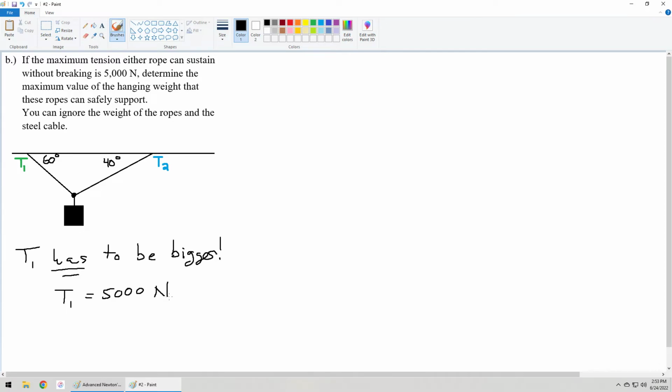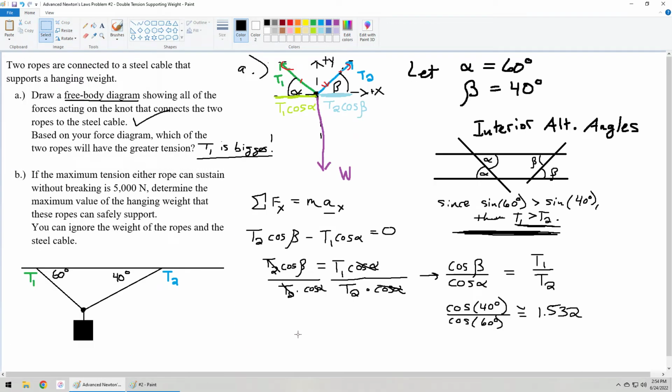that was mentioned. So with this given, we need to figure out what T2 is, and then we can use that to figure out what the maximum value of the weight that we can sustain is. So let's jump back real quick to the first thing here where we said T1 divided by T2 is this 1.532.